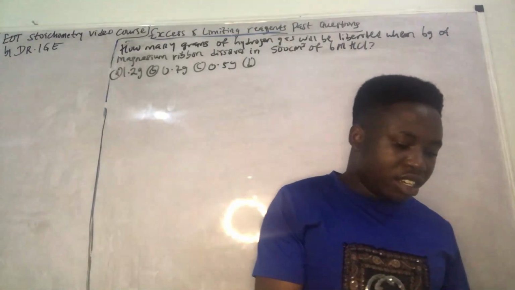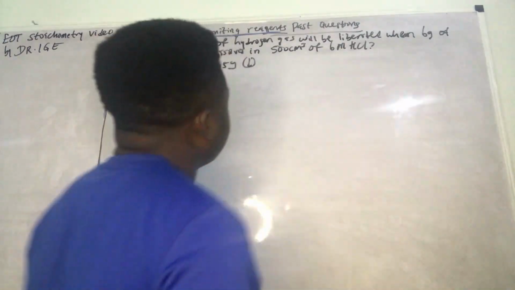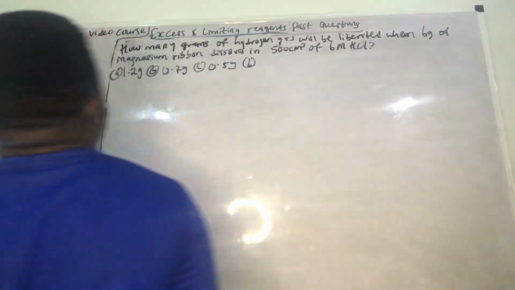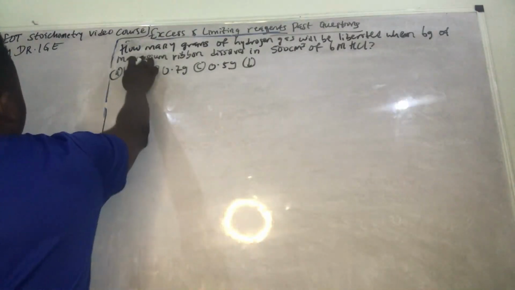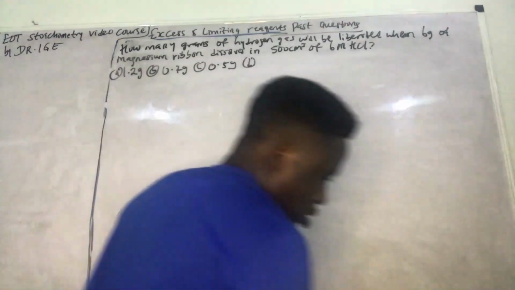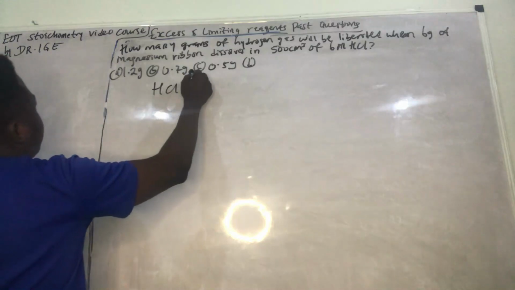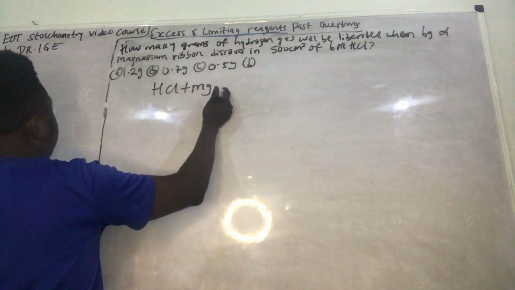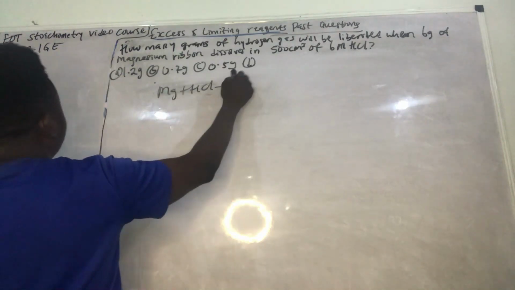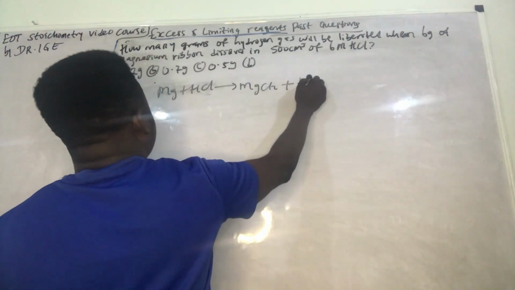Alright, so let's solve. It's just as easy as everything I've been doing ever since. Now they give us that hydrogen equals 1, but I'm not giving it to you. You should know it by now. Now let's write the equation. So when 6 gram magnesium dissolves, the reaction is that HCl reacts with magnesium. It is a displacement reaction because magnesium chloride plus hydrogen gas.